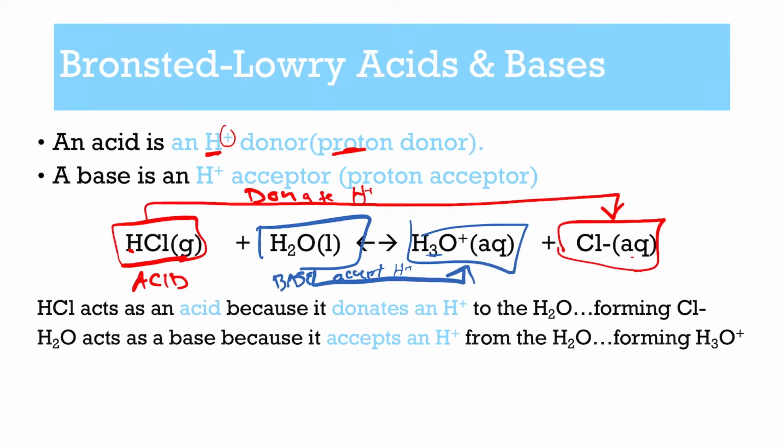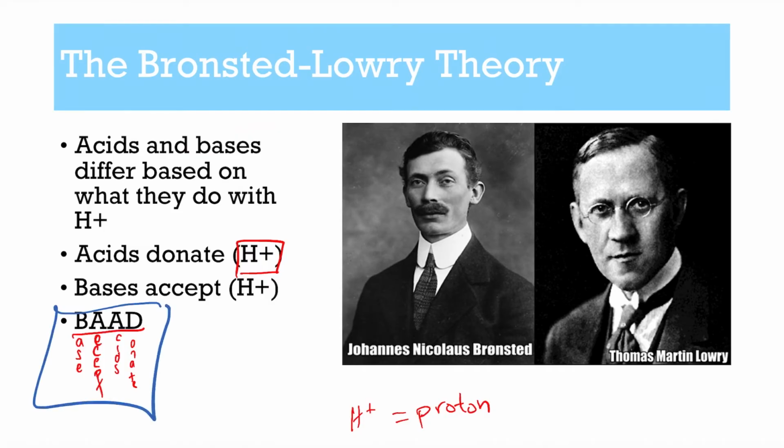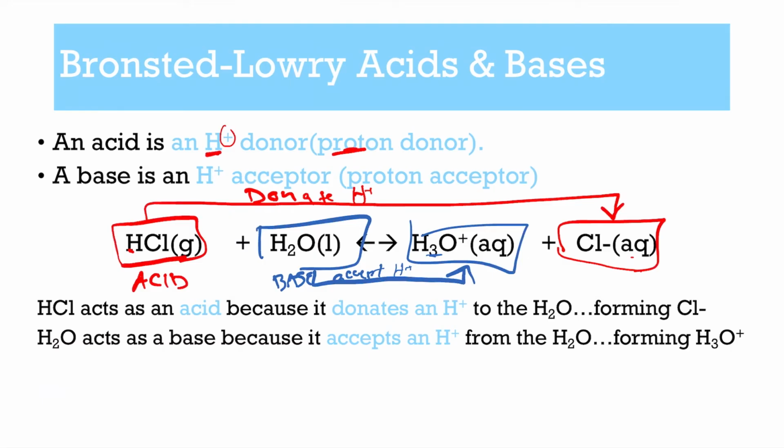Now, again, these are called conjugate acid-base pairs. In the next video, we'll spend the entire video going over that. But for right now, as long as you're okay with BAD, the bases accept, acids donate, and we're talking about H+, that's kind of all you need to know.